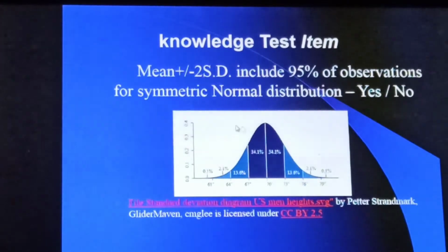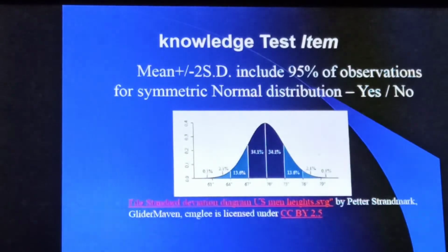We need to know this, even if we did not know it earlier. Most of our biological data follows a bell-shaped curve, so this property of the normal distribution helps us in drawing medical conclusions.